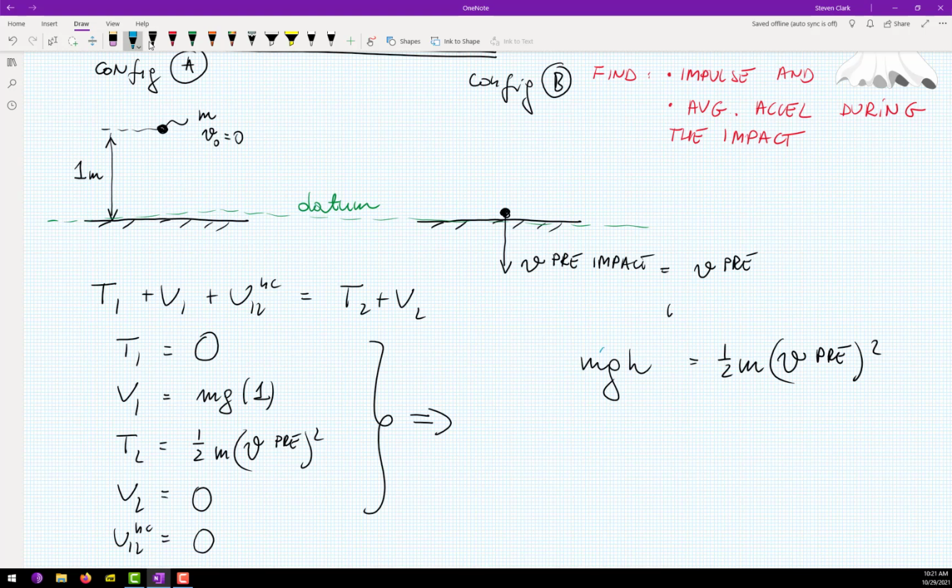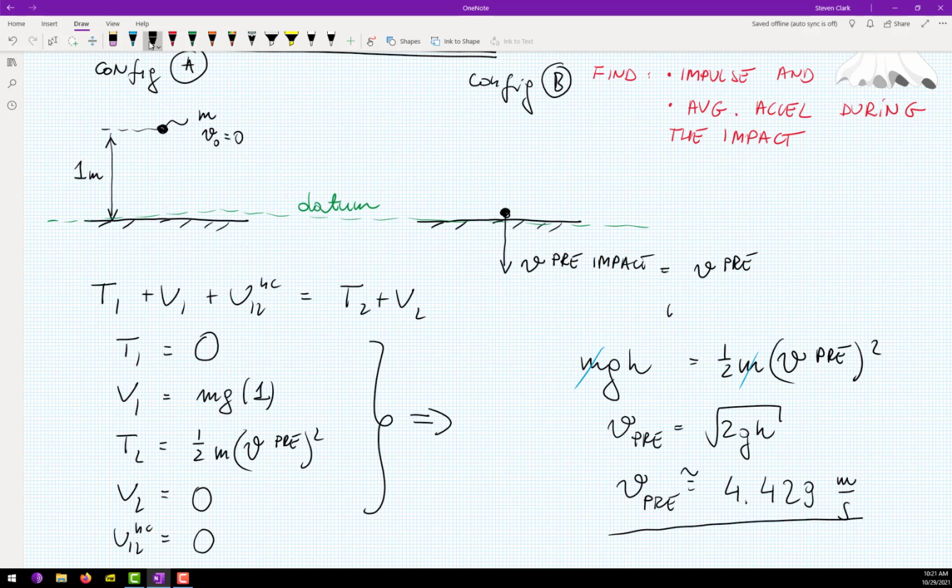So mass does not matter, and we end up with v pre equal to the square root of 2gh. Plug in values and obtain that v pre is approximately 4.429 meters per second.